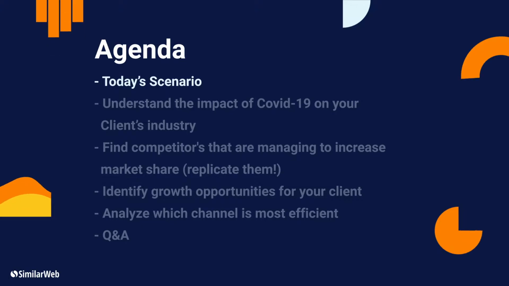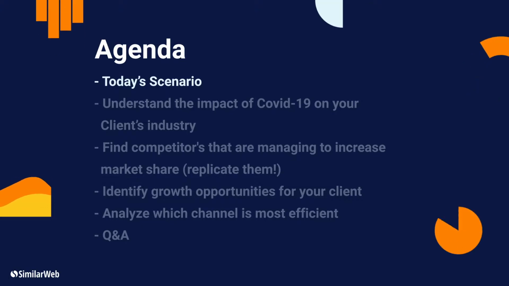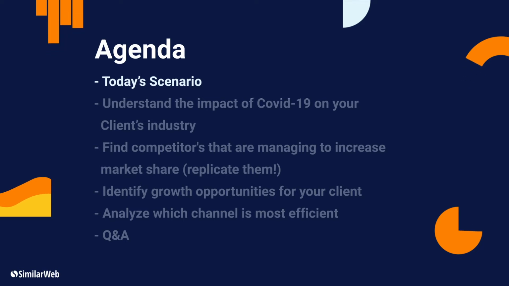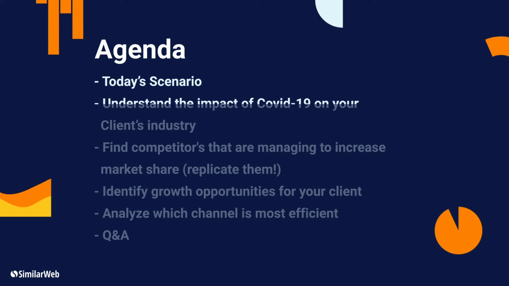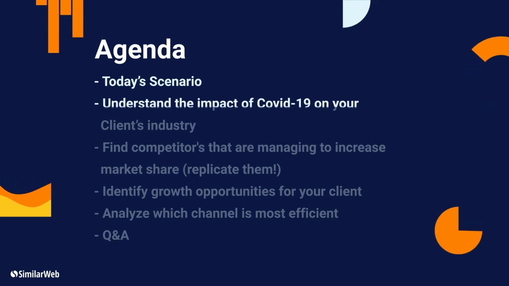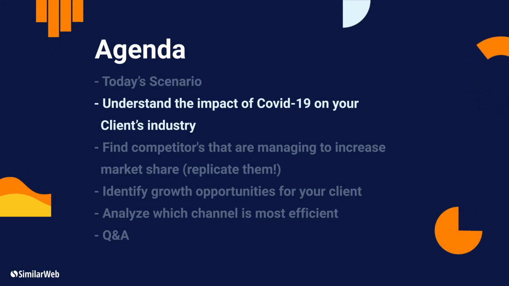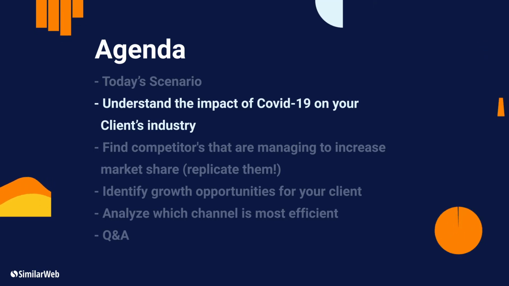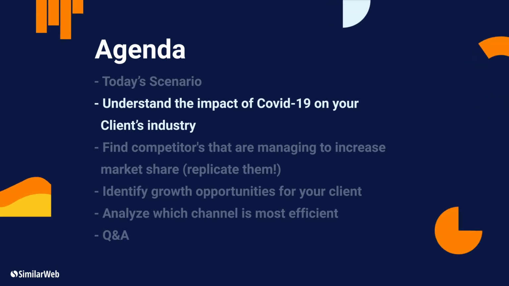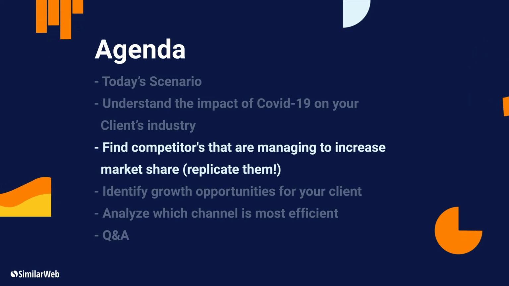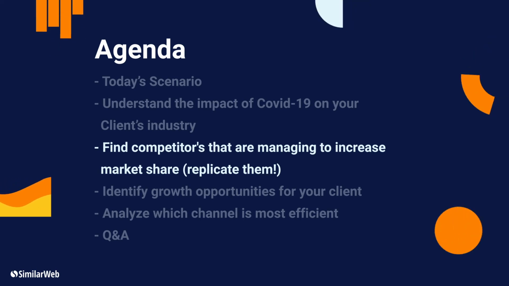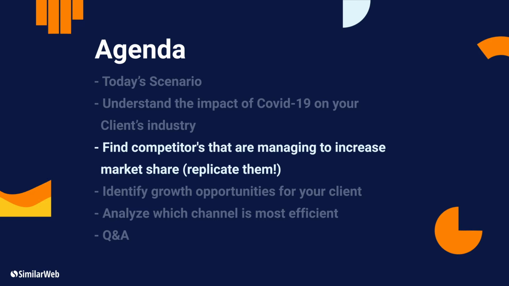So today I'm going to give you some background on the scenario that we'll be using today. Obviously on Similarweb, you can analyze any website or industry in the world. We had to pick something to use as an example. So we'll talk you through that, and then we will be showing you how you can understand the impact of Corona on your client's industry, how you can find your client's relevant competitors that are actually managing to increase their market share at this time.